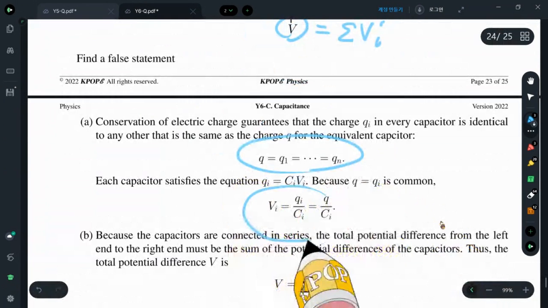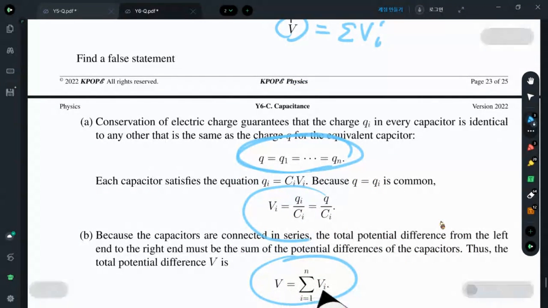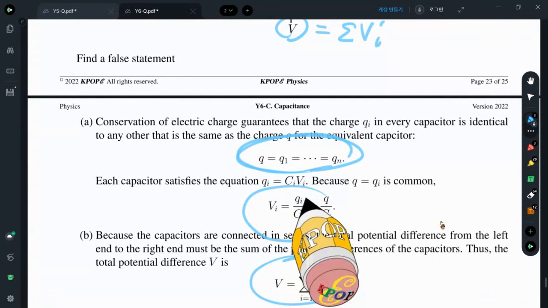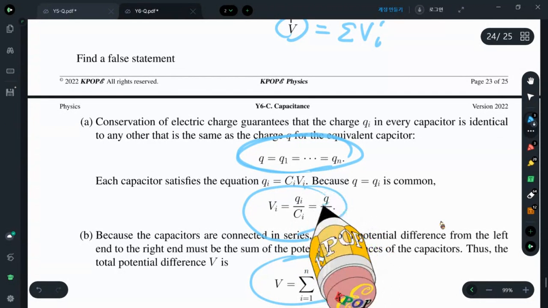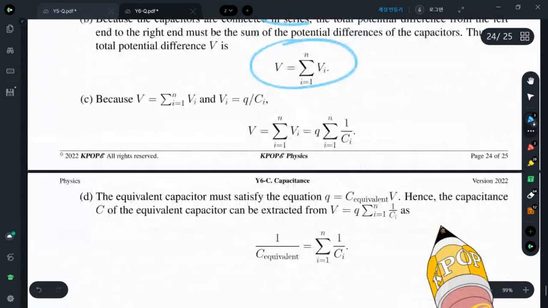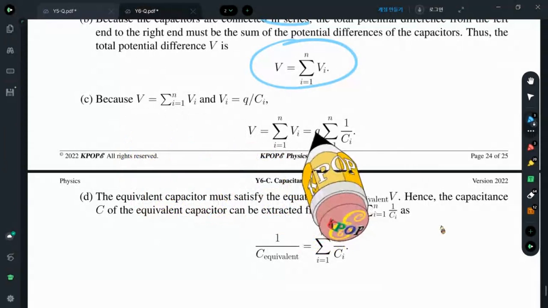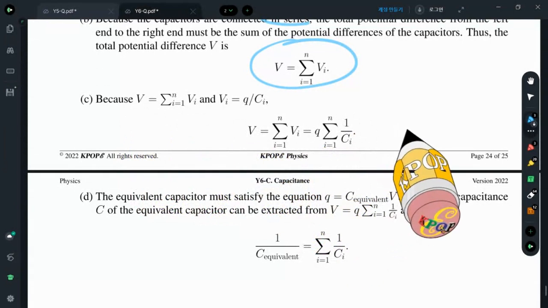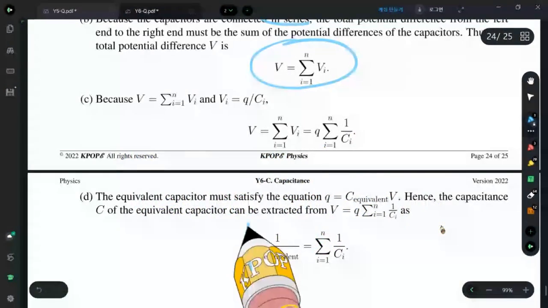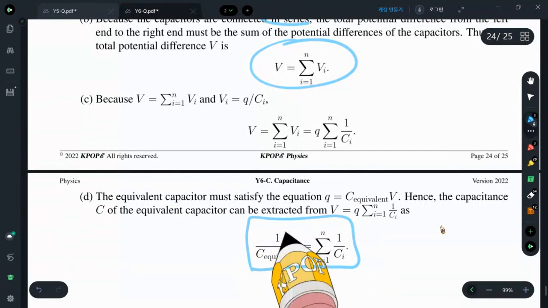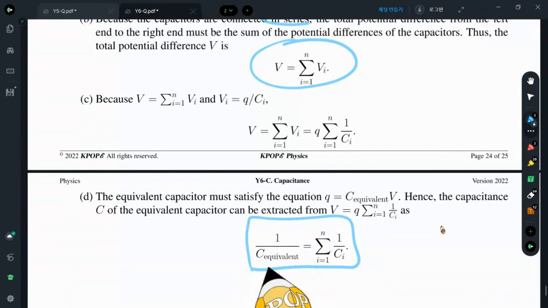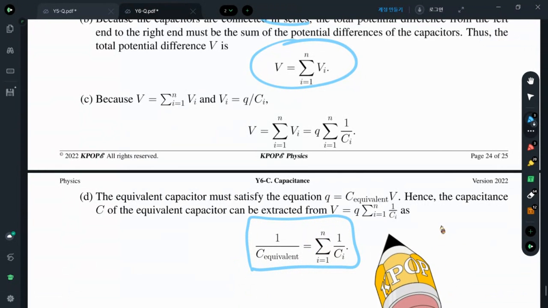Using these two constraints, where the total potential is the sum of the potentials, and the Q equals CV relation with this identical charge, we arrive at V equals Q times the sum of 1 over C. As a result, the inverse of the equivalent capacitance is the sum of the inverses of everything.